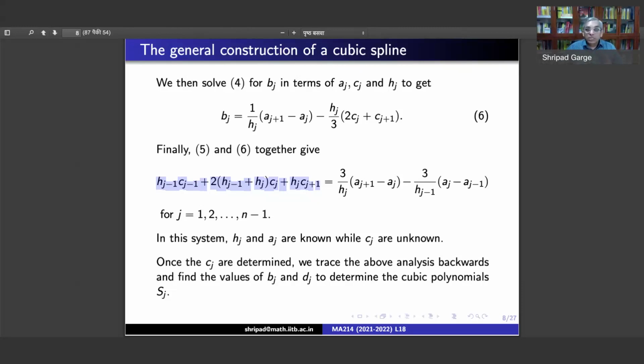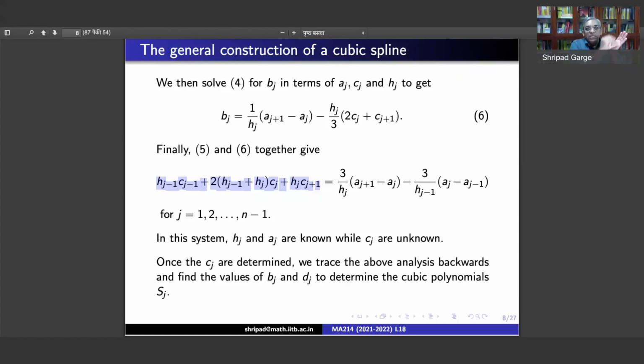So what this gives you is a matrix on the left hand side whose entries in each row are non-zero only for a maximum of 3 terms. For the first row you have possibly non-zero entries for the first 2 terms, and in the last row you will have only 2 possible non-zero entries, and everywhere in between you will have 3 non-zero entries.